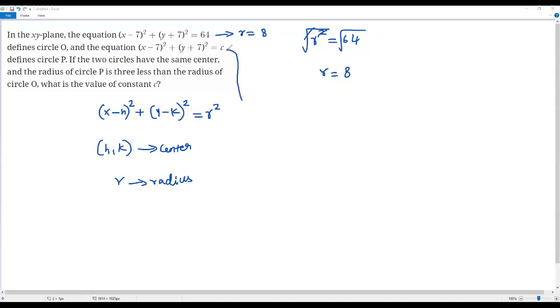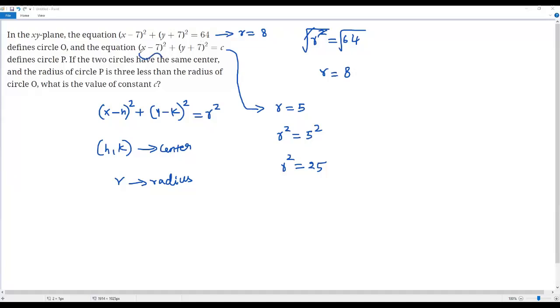Then what is the radius of the second circle? That is 5 units, because the radius of the second circle has to be 3 less than 8. Okay, what is the square of the radius? I have to square both sides over here. Then r² is equal to 25. So the square of the radius of the second circle P is 25.